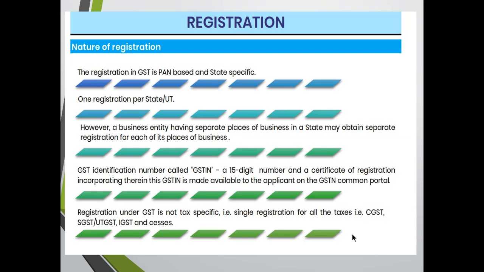So in short, all these types of returns we would be discussing day by day. In the next 3 classes, we would be discussing all those returns along with payment of taxes, various ledgers: electronic liability register, electronic cash ledger, electronic credit ledger. 3 types of ledger we would be discussing.